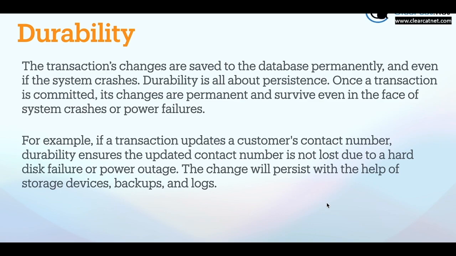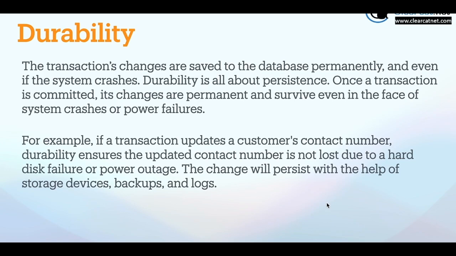What it states is that the transaction changes are saved to the database permanently, even if the system crashes. Durability is all about persistence. Once a transaction is committed, its changes are permanent and survive even in the face of a system crash or power failure.